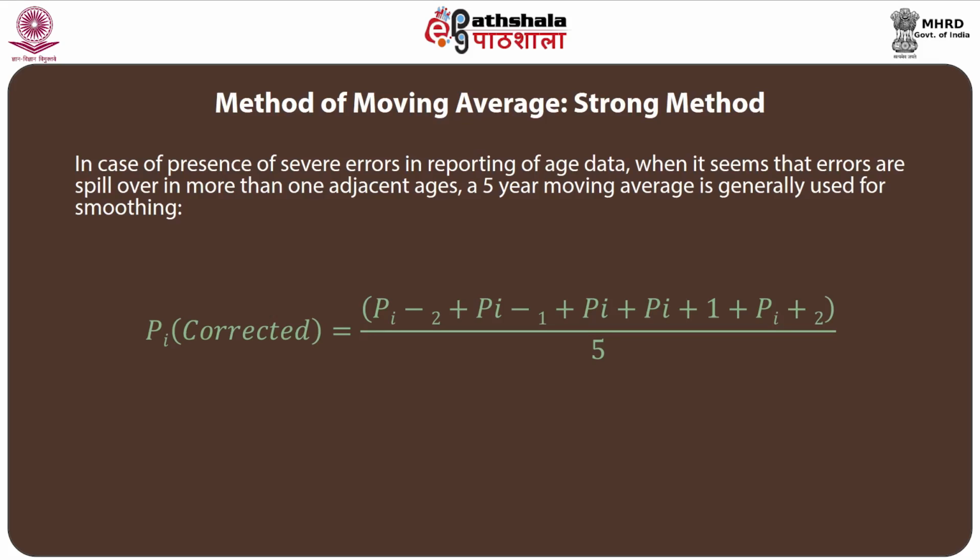It means taking 2 preceding age groups and also 2 succeeding age groups and dividing by 5. The method is similar to the 3-year moving average, except that in this case a 5-year moving average is computed.